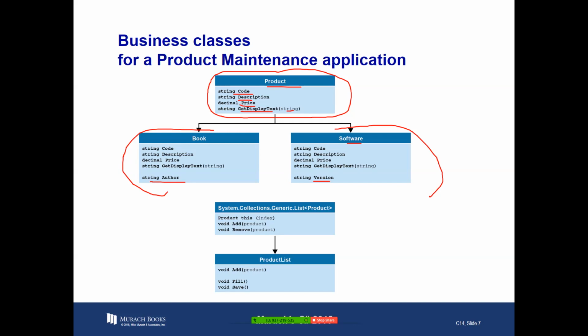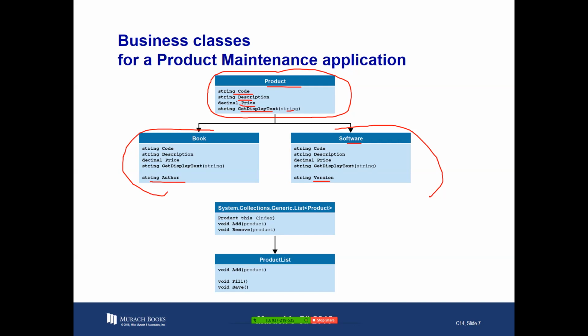And then we also have this other thing called a list. This generic list class, which is part of the collections .NET classes that are provided for us, and we've used list before.